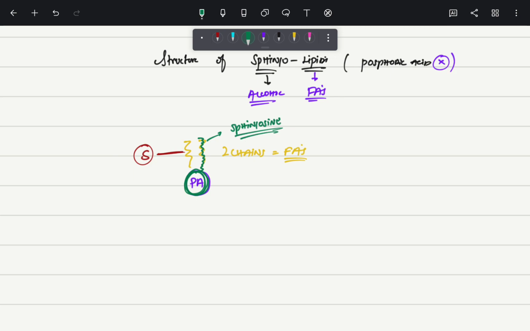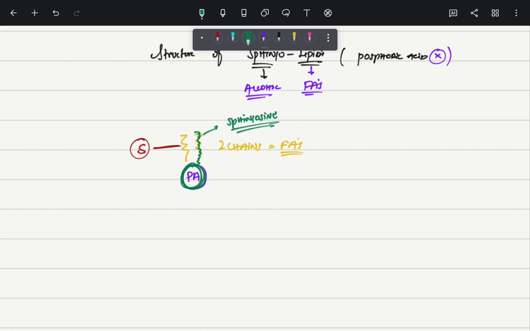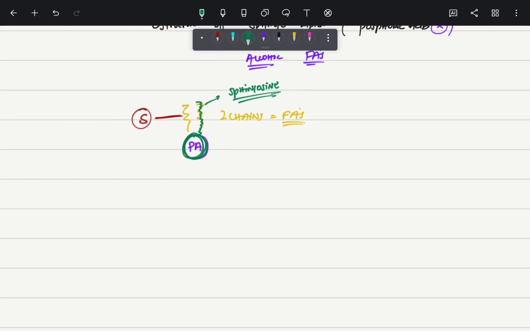Due to this esterification, instead of having two chains of fatty acid, there will be only one chain of fatty acid, and one of the chains is your sphingosine chain.